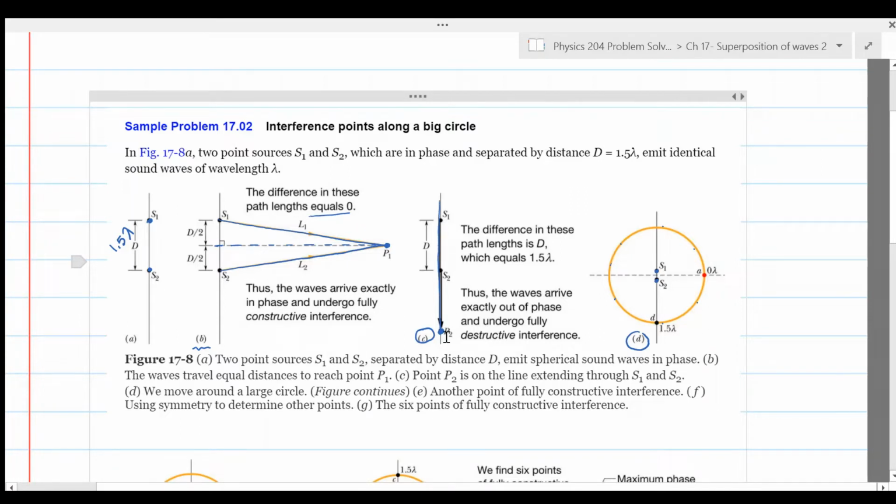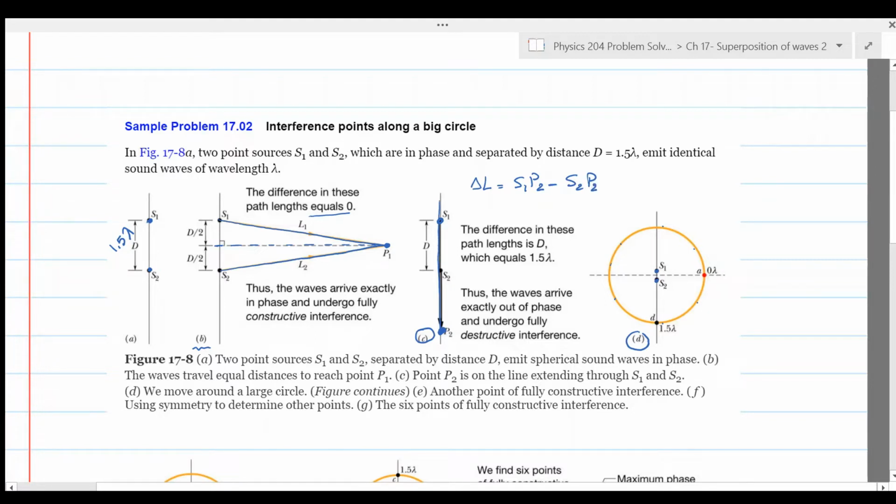If we check our second situation, on the other hand, the point P2 lies along the line S1, S2, and if we want to study the path length difference, we know that delta L is equal to the difference in the path length covered by each wave. Our first wave will go from S1 all the way to P2, so this is S1P2. While for the second wave, we have a distance S2P2 covered.